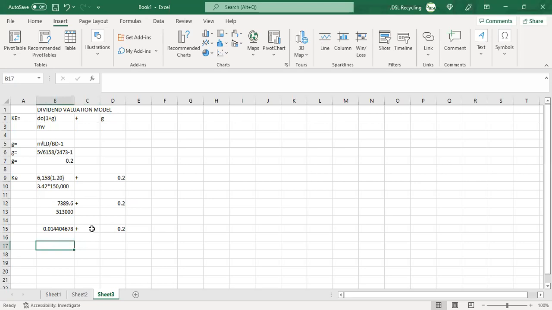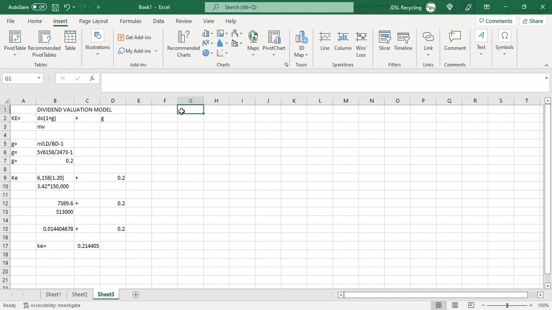I hope you are also punching your calculator as I'm doing same here. Our KE will now be equals to this figure here plus 0.20. So we have 0.21, 21%. Please, do we have the same value? Yes. All right. This is about the extrapolation method.